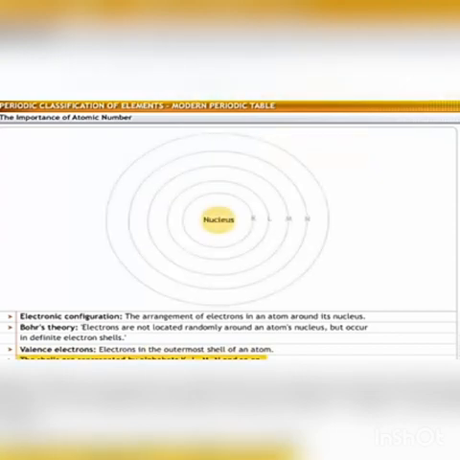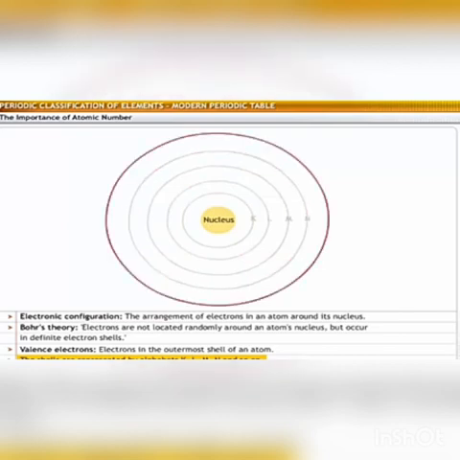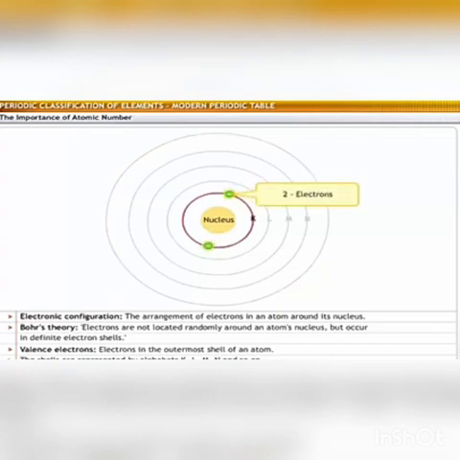The shells in an atom can be named alphabetically as shell K, L, M, N, and so on. Each shell in an atom has a limited capacity for electrons. The K shell can accommodate 2 electrons.